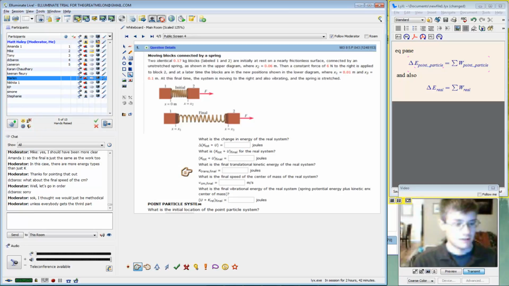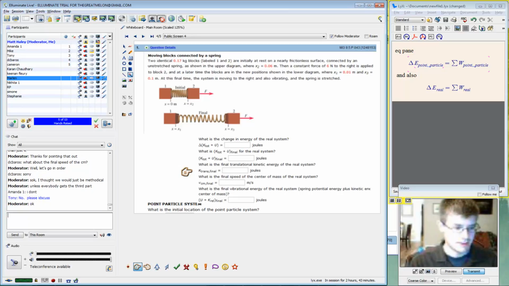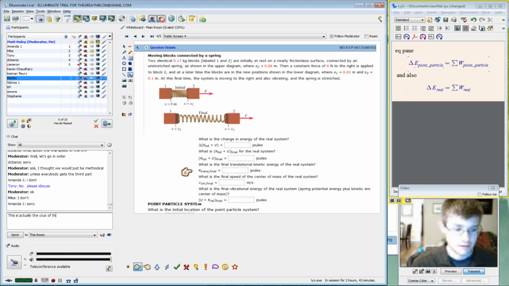Usually I try to just go through one by one if a lot of people are confused. I asked if everyone understands that third part, and if so we'll skip it. But then I see a flurry of responses that they don't understand the third part either. So here I'll do some explaining.